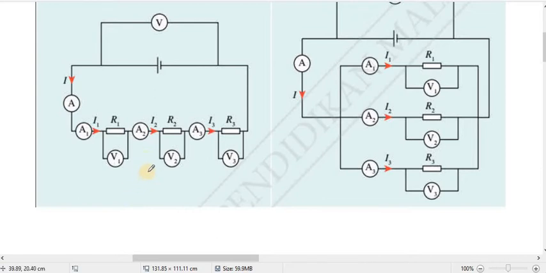The reason is because the charge flows because of the potential energy difference between two points.